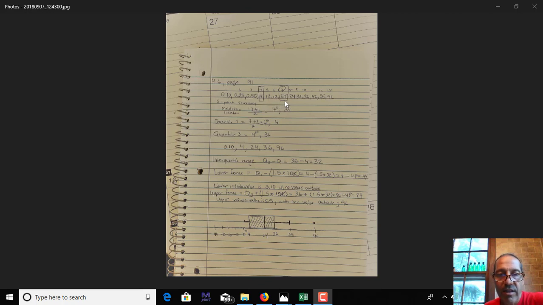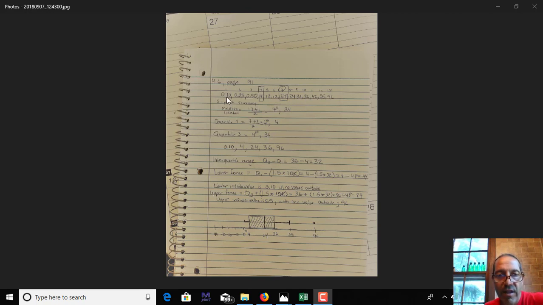Now we need to calculate the median of the upper half, starting with 24, because remember, the median of all 13 values is included in both halves when we have an odd number of values. So 1, 2, 3, 4, 5, 6, 7. And the median here is again the 4th value, 1, 2, 3, 4. That's 36. So your median for the upper half is 36.